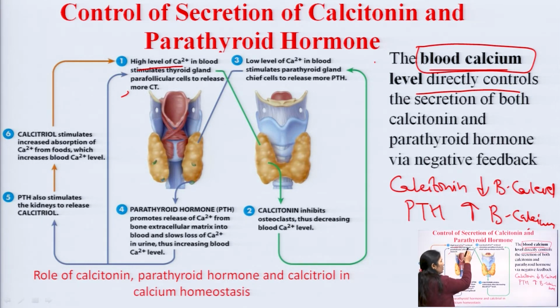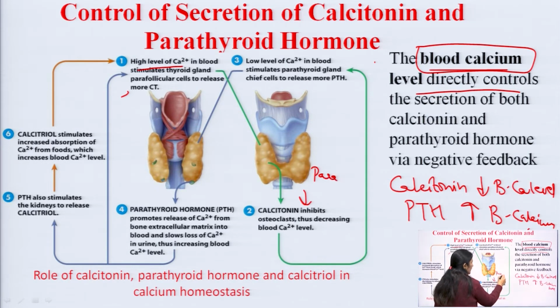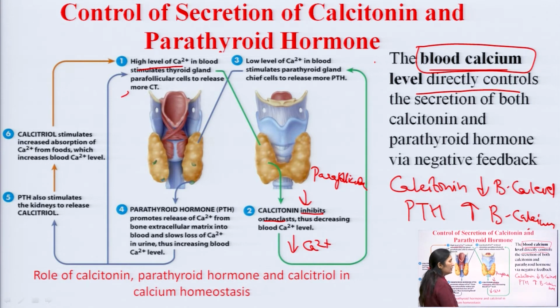So, a high level of calcium in the blood will stimulate the thyroid gland parafollicular cells to release calcitonin, and calcitonin will inhibit osteoclasts and thus decrease blood calcium level. So, calcitonin का क्या काम है? ब्लड में कैल्शियम को कम करना by inhibiting osteoclasts.